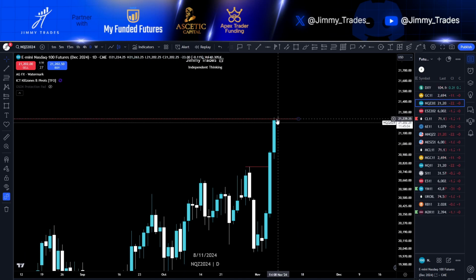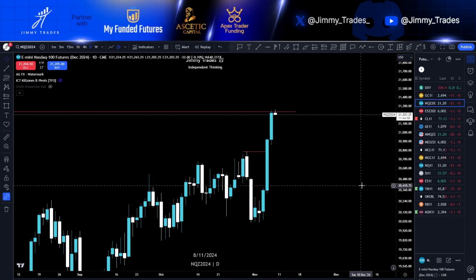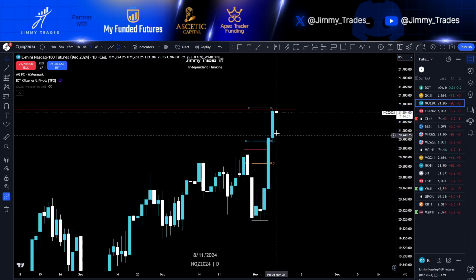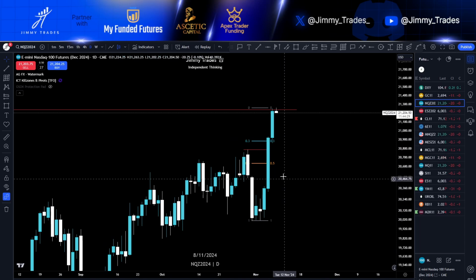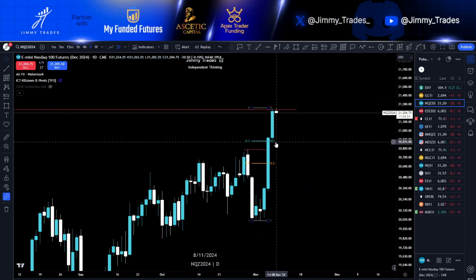So we may be looking at TGIF, where Friday comes back into the range. Now I've just run out the range of this week. So we potentially could see price come back to 20 to 30% of the weekly range.